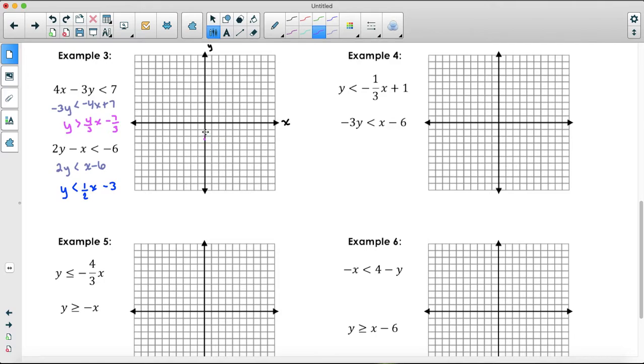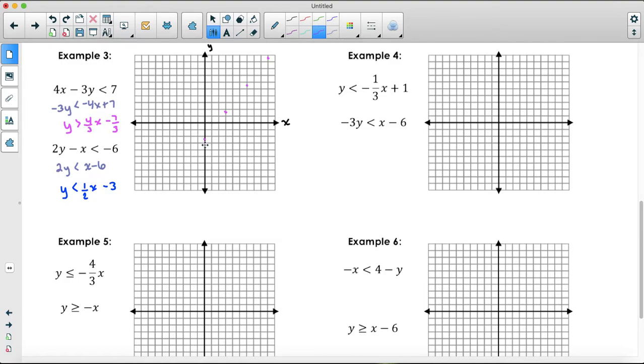So 1, 2, 3, 4, 1, 2, 3, about here. I'll do the same thing going down, so I'll do a negative 4 and a negative 3.